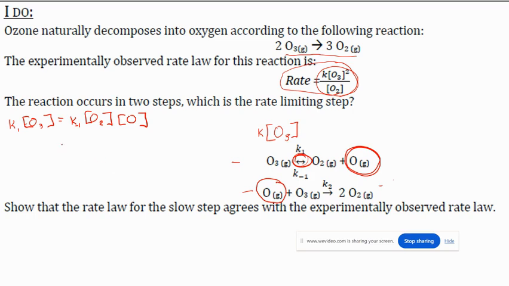Just using my algebra here, O is going to equal K1 O3 over K-1 O2. I just isolated this and got it by itself. I divided both sides by these two items to get this guy by himself.